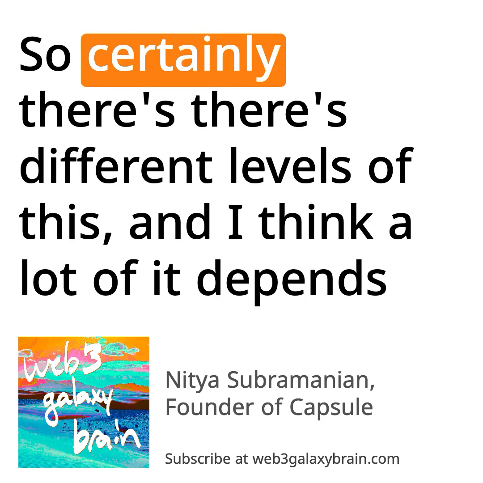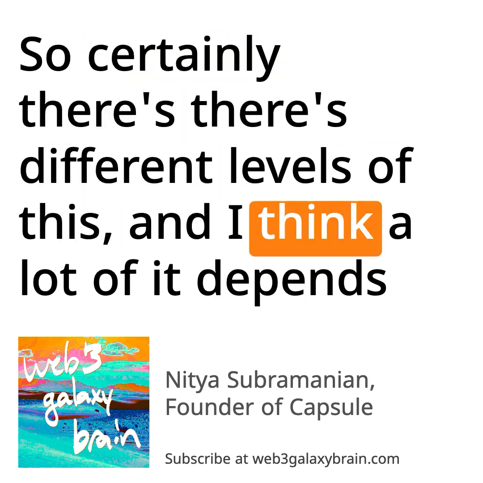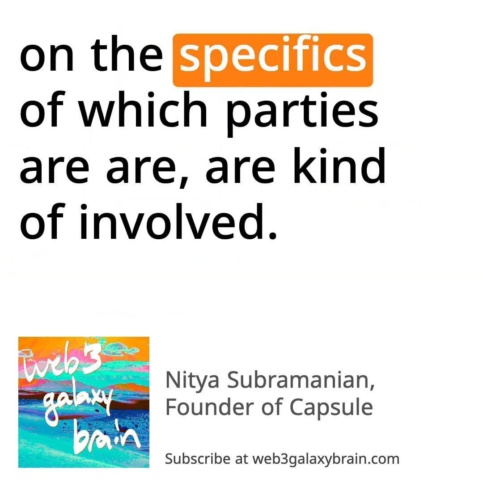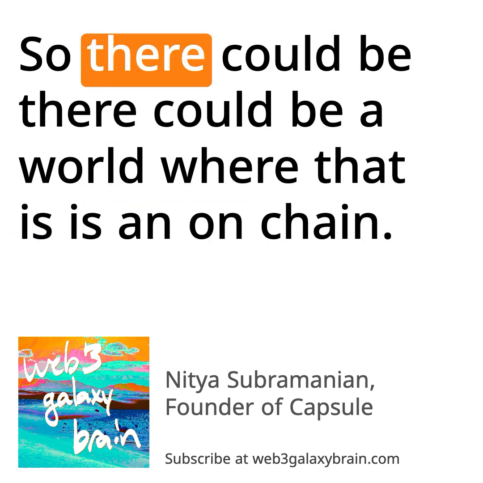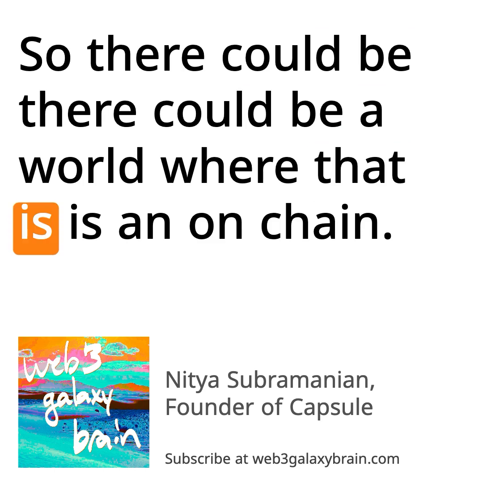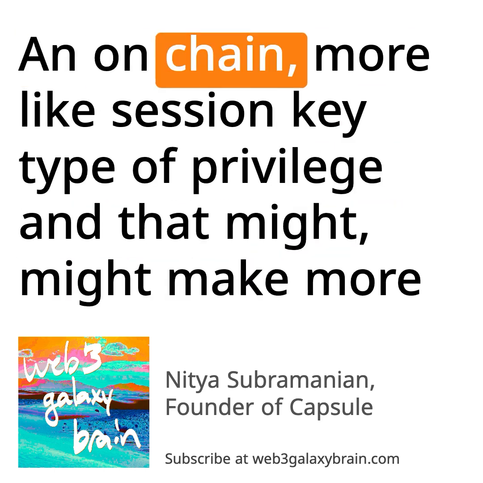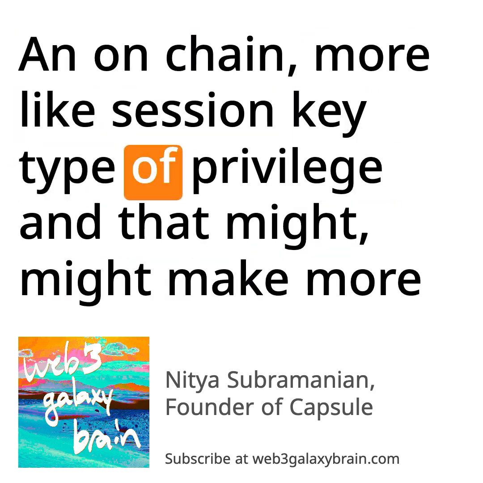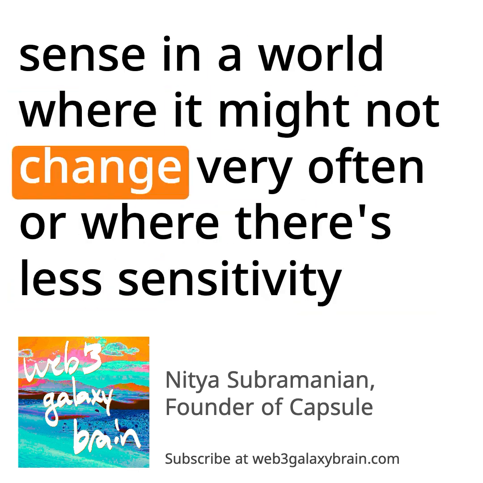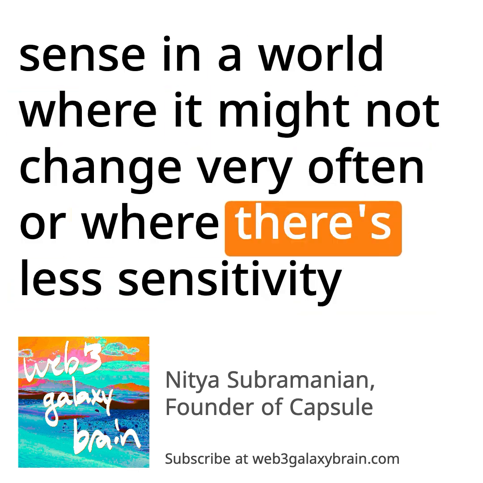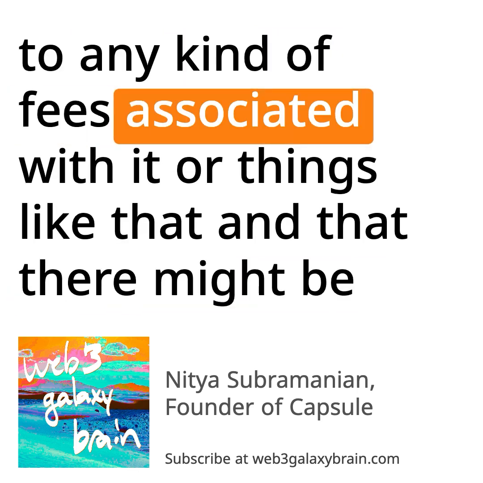Certainly there are different levels of this, and a lot of it depends on which parties are involved. There could be a world where that is an on-chain, more session key type of privilege, and that might make more sense where it might not change very often or where there's less sensitivity to any fees associated with it.